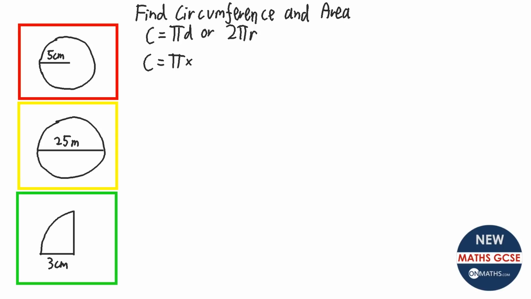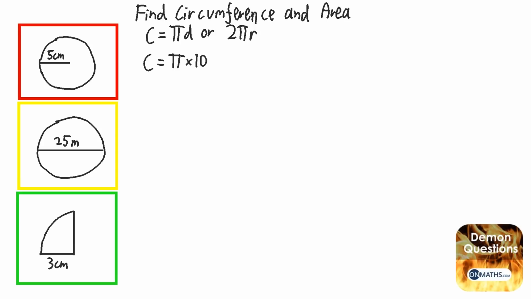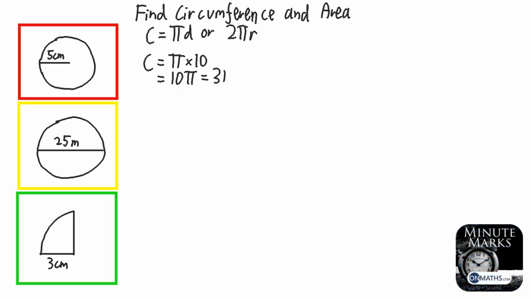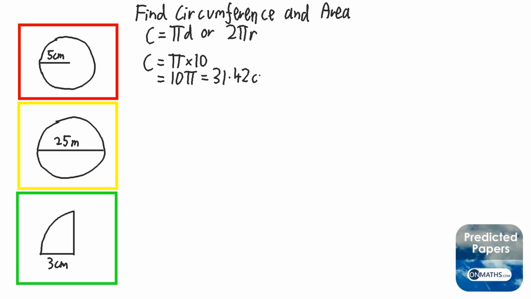Well, the diameter is 5 times 2, which is 10, because we're given a radius in this. And we can write that as 10 pi, or 10 times pi equals 31.41. Well, let's round it to 2 decimal places, so 31.42 centimeters. And circumference is a distance. It basically means the distance around the circle.